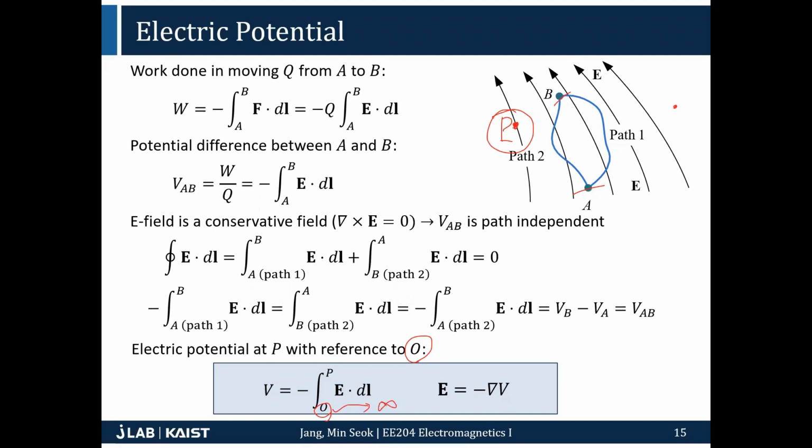So if somebody asks you what's the electric potential at some point without specifying anything, that means you can set the reference point to infinity. And from this, you know that the electric field can be written as a negative gradient of V, the scalar potential.